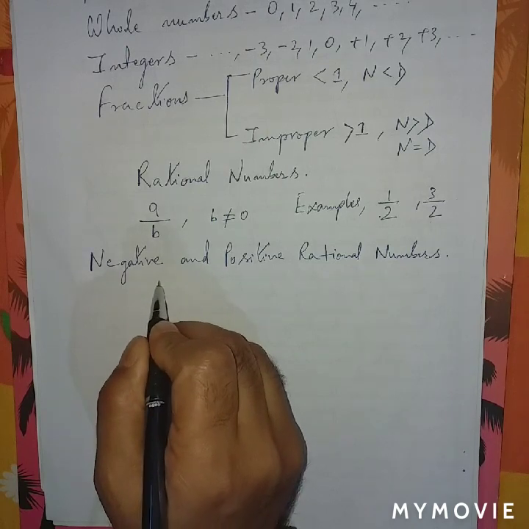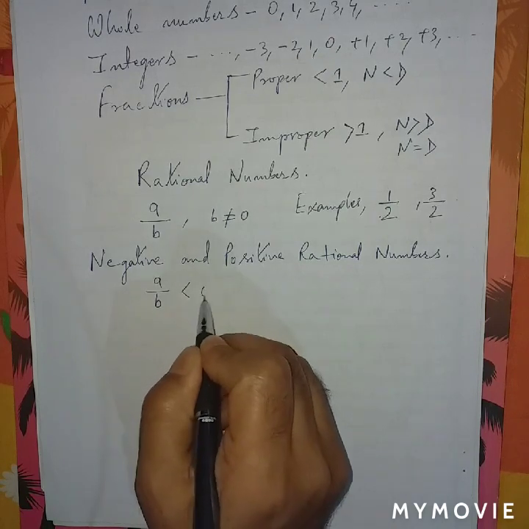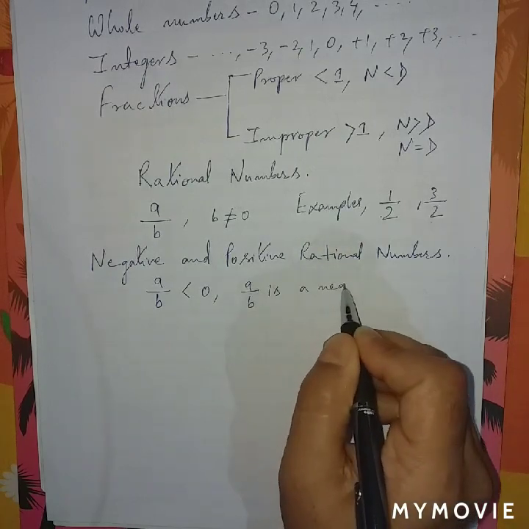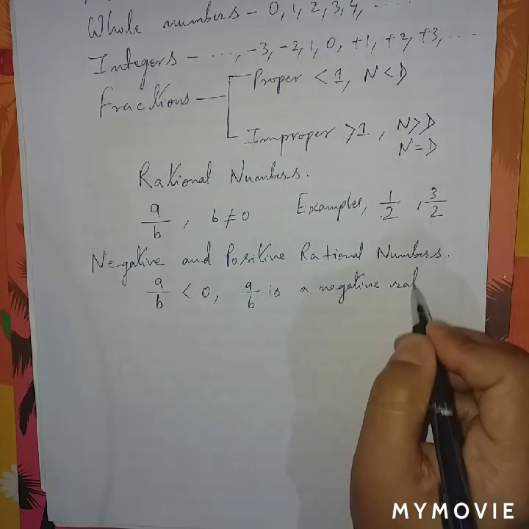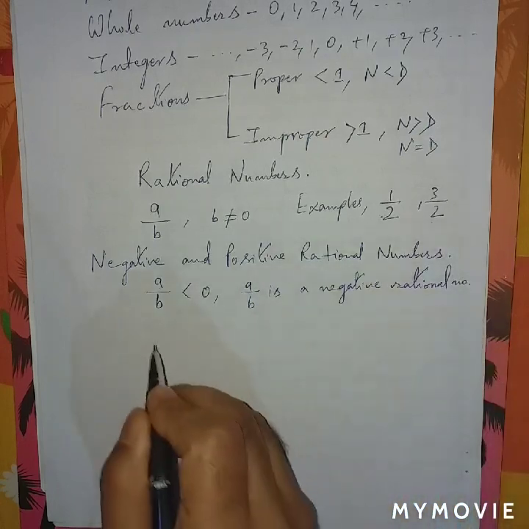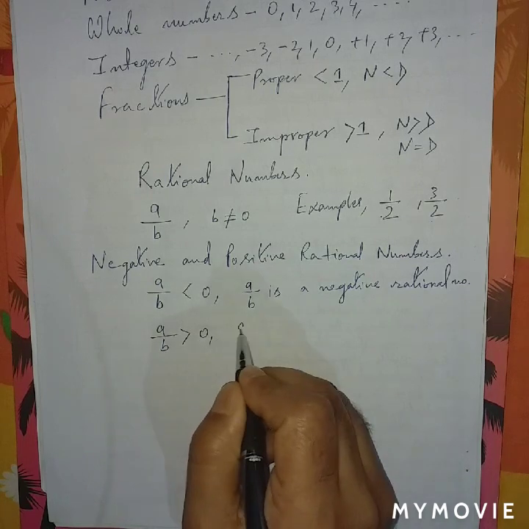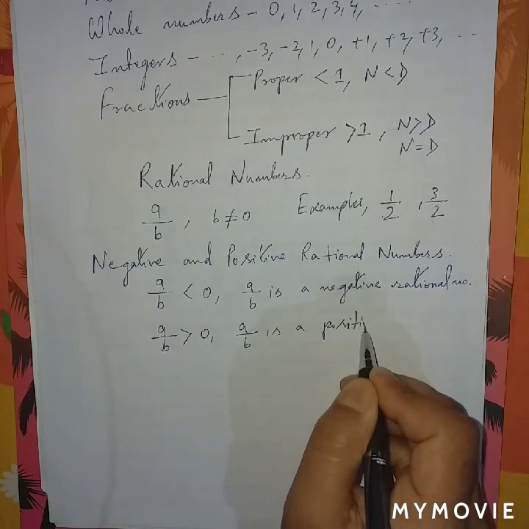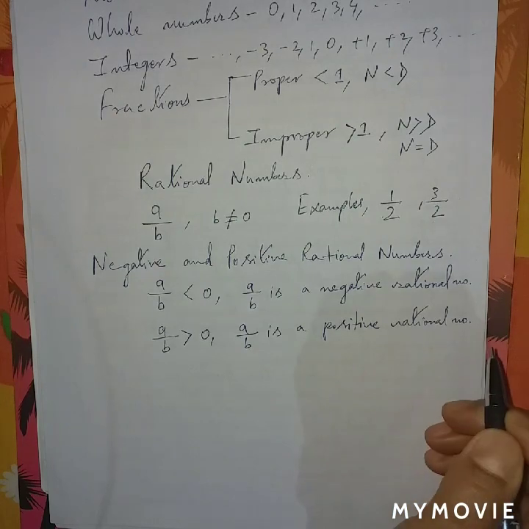Suppose a by b is a rational number and is less than 0, then a by b is a negative rational number. Or a by b is greater than 0, then a by b is a positive rational number.